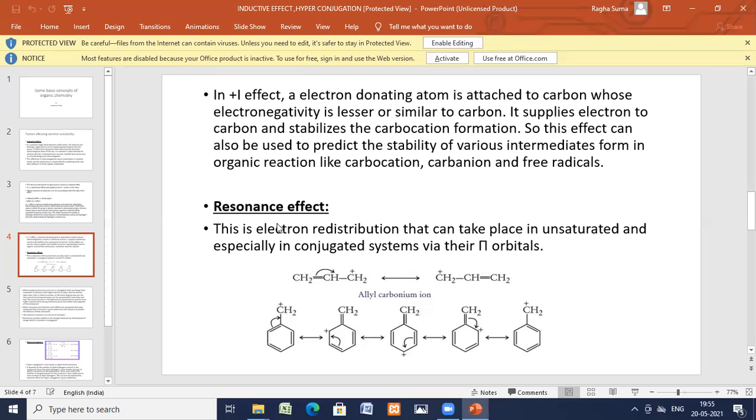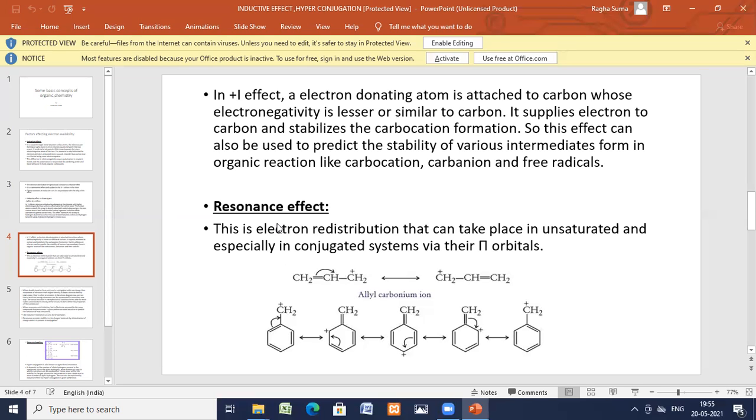For carboxylic acids, okay. So the basicity: NH3, CH3NH2 methylamine, dimethylamine, trimethylamine. Similarly, in tertiary amines, all these have alkyl groups attached, and alkyl groups donate the electrons and the nitrogen gets rich in electrons, and thereby the basic nature of the amines is increasing.